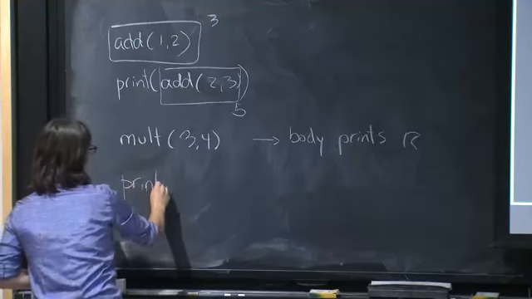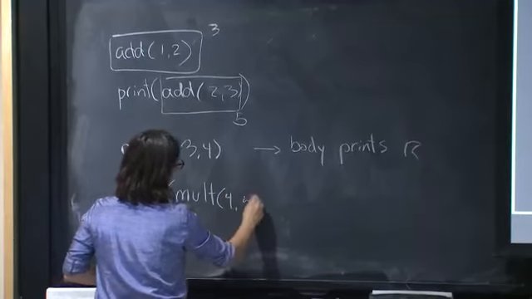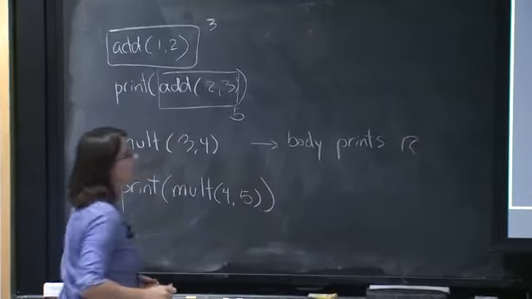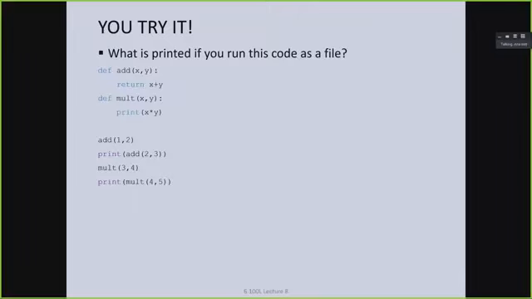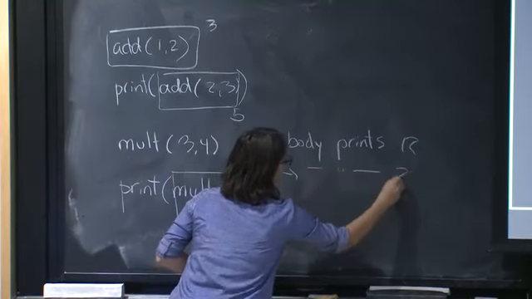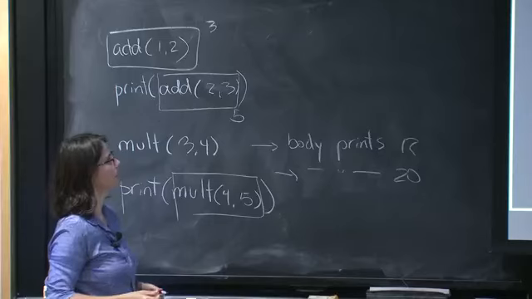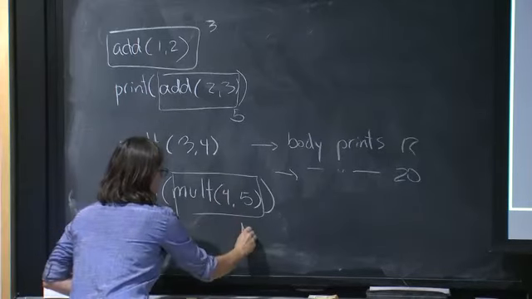And lastly, what if we put a print statement around the mult 4, 5? What will that print? Yeah, exactly. 20 then none. So the mult itself is going to print the 20. So the function call returns none.